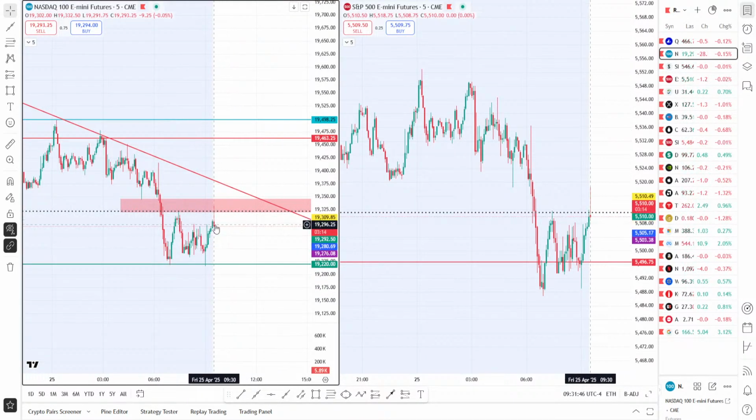All right, we're seeing a strong rejection here at this supply zone. At this bearish fair value gap.